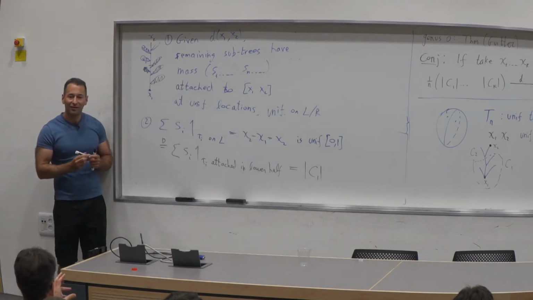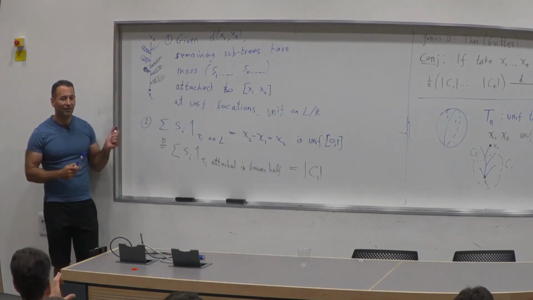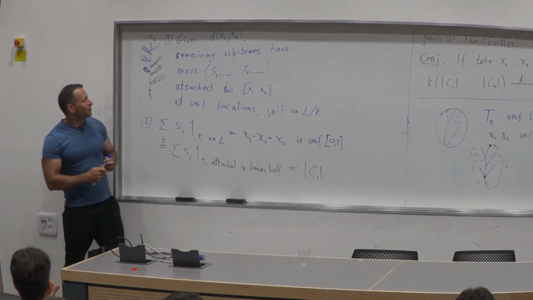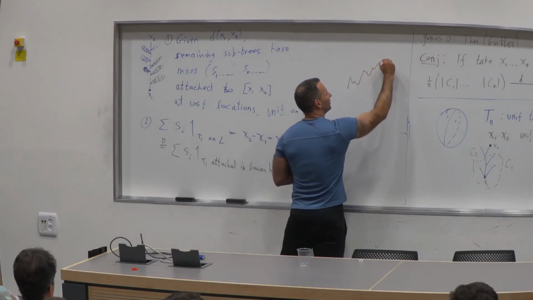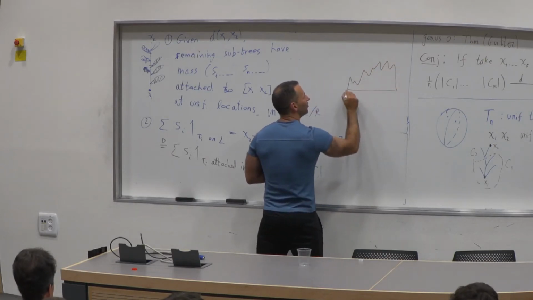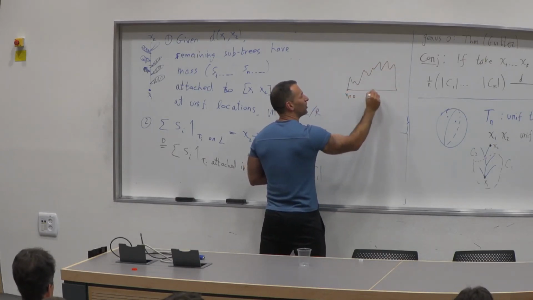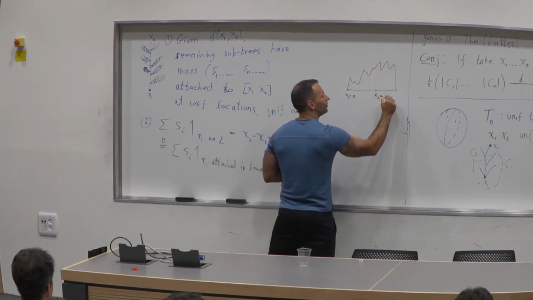So I think I missed something. Why do you get the uniform distribution in the first part of the argument for the left side? In the first part, we have the Brownian excursion that encodes the tree. We take x1, which is 0, and we take x2, which is uniform.